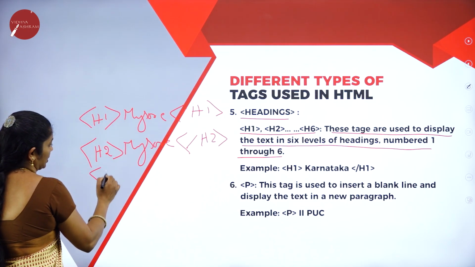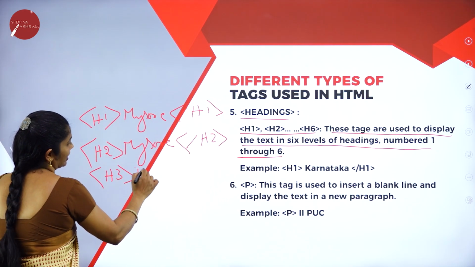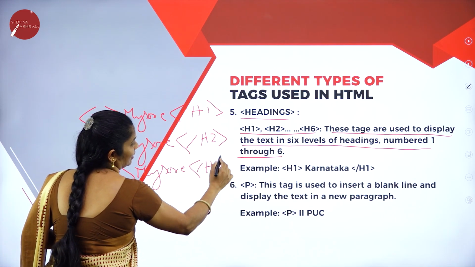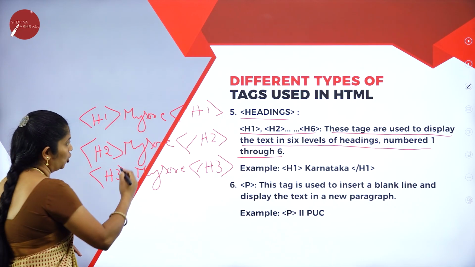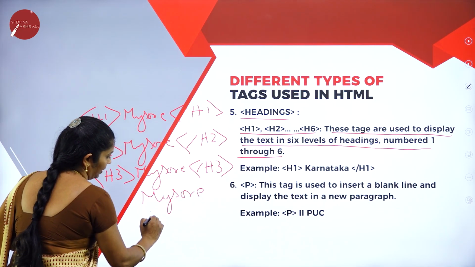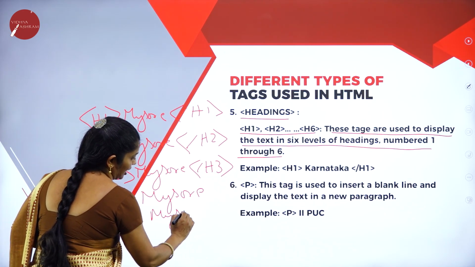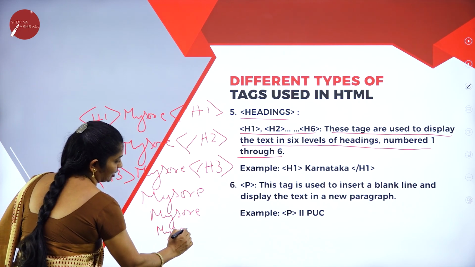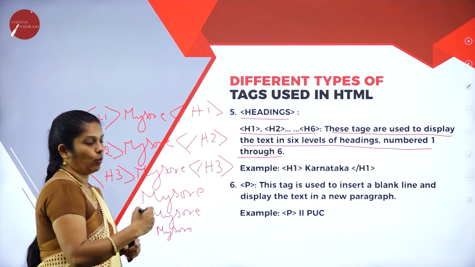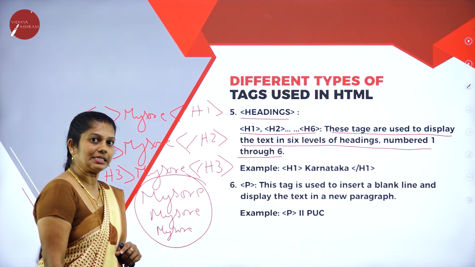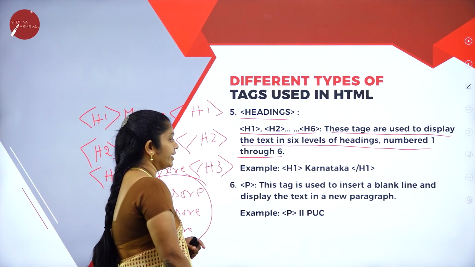Once again I will use the H3 tag, display Mysore, and close the H3 tag. Finally, if you observe the output, it will first display a larger size Mysore, then the size will decrease, and once again it will display a smaller size Mysore. Like that, by using heading tags I can increase as well as decrease the size.